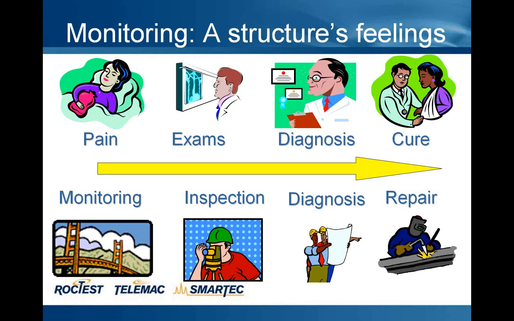This makes monitoring complementary to the inspection or on-site destructive testing, samples, etc., taken from the bridge. And again, the owner or the engineer can combine the information from the monitoring system and from the inspection in order to have a better view about the health of the structure, and if needed, propose a repair of the structure itself.